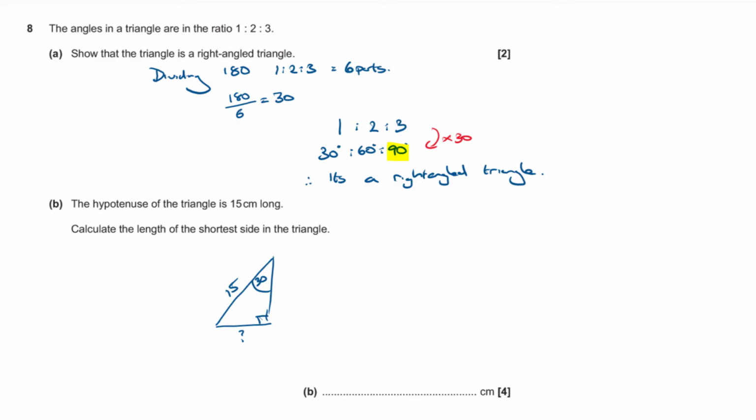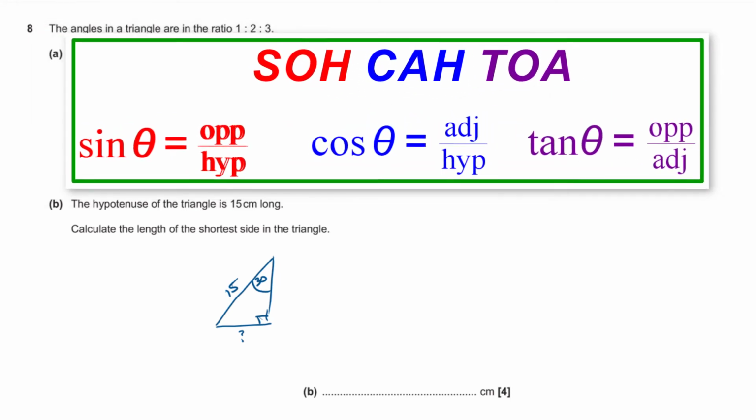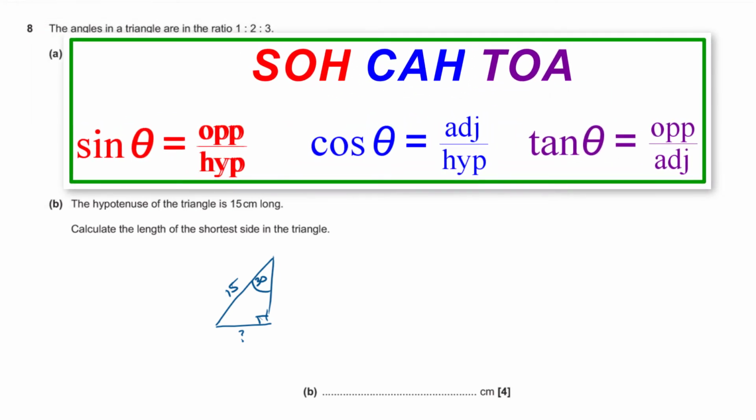Okay, so if I was using trigonometry here, I've got an angle of 30, I've got the hypotenuse, and I want the opposite. So if I've got the hypotenuse and the opposite, and I don't want the adjacent, then SOHCAHTOA. I don't know how you remember it. Which one am I using? I'm going to be using sine, aren't I?